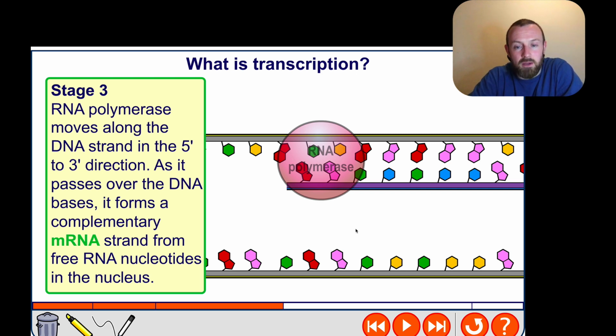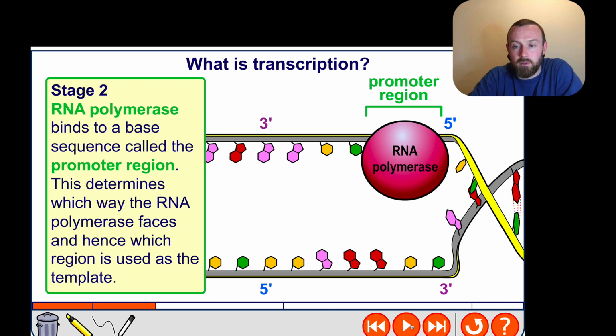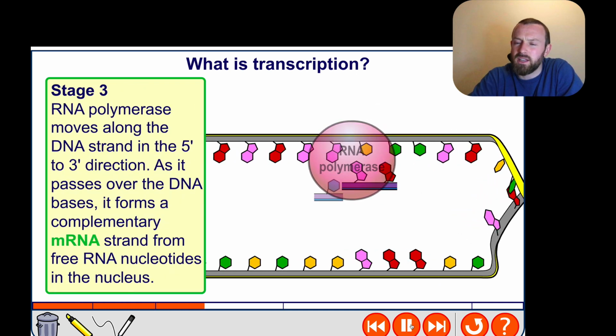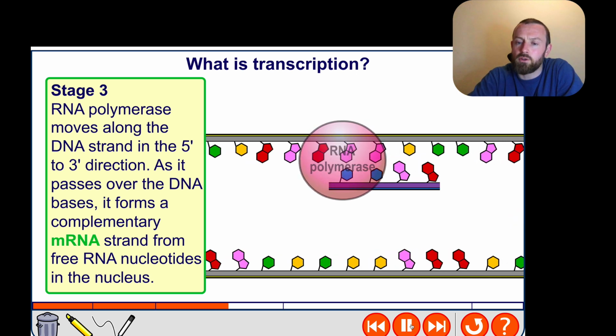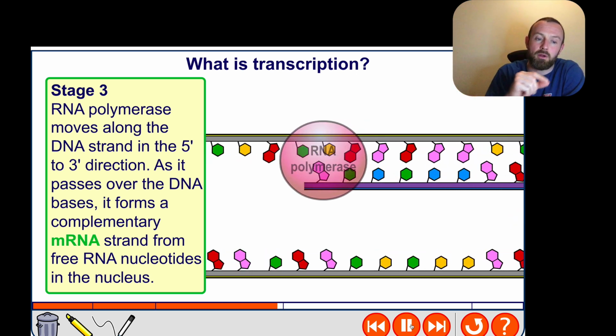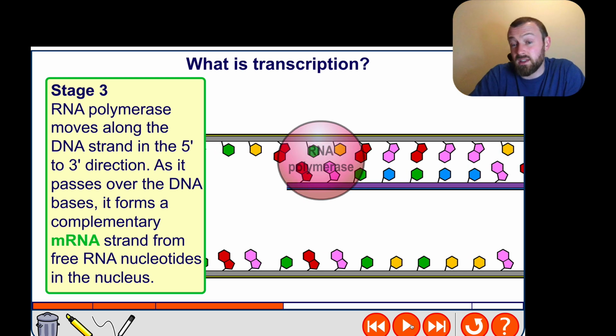We have this enzyme called RNA polymerase that moves along, and it doesn't actually form hydrogen bonds. What it does is join the nucleotides together down the backbone, so it forms phosphodiester bonds.